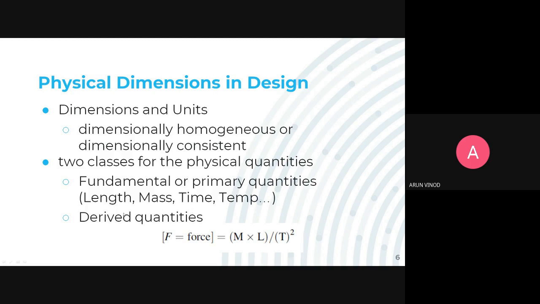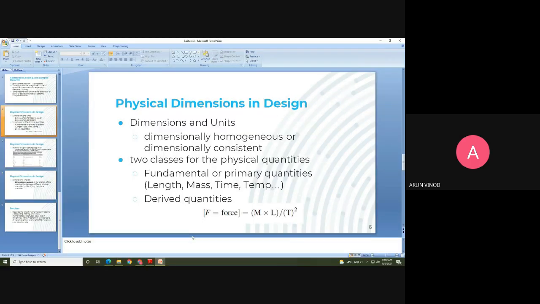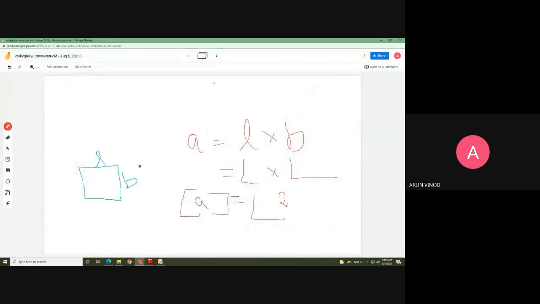So you have the force, or we have discussed the area of this particular object. You are converting the area of the object into derived quantities, which is dimensional analysis. Finally, what you are doing is proving the homogeneity.